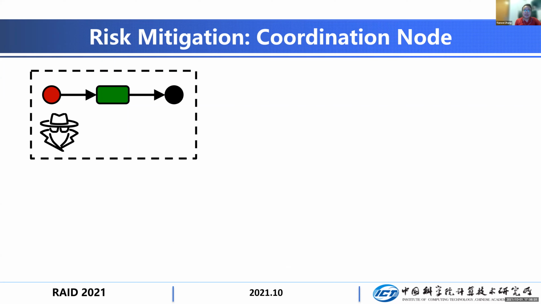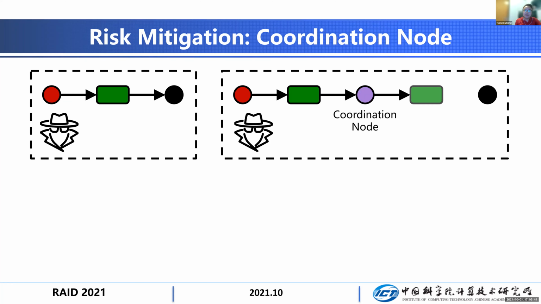This coordination node is used to check the information flow across different nodes and inspect if there are any risks. If so, the coordination node will be guided by some policies specified by the users or the developers to regulate this. The coordination nodes are generally inserted between two potentially risky nodes.